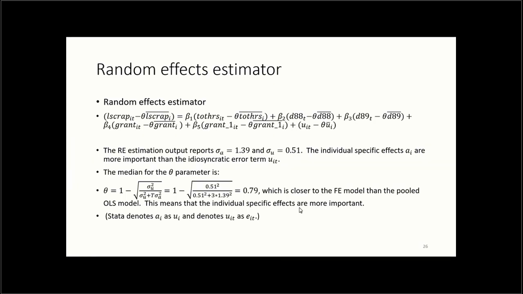This means that the individual specific effects here are more important, and so that's why we have a higher number here. And one side point to mention here is that theta actually denotes what we call in the lecture a_i, it denotes them as u_i. And when we call here u_i, it denotes them as e_i. So there may be a little bit of confusion over that, but this is how this theta is calculated, the random effects estimator.